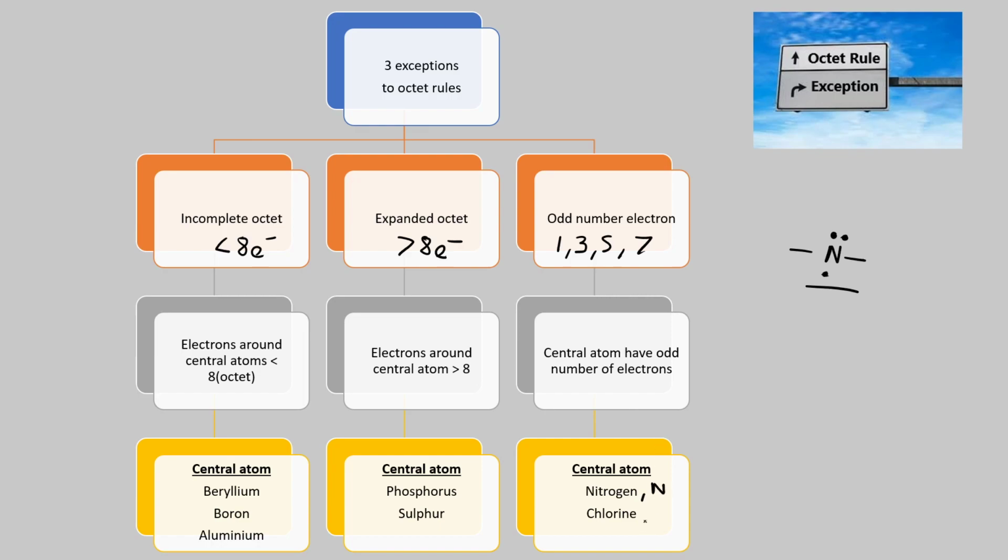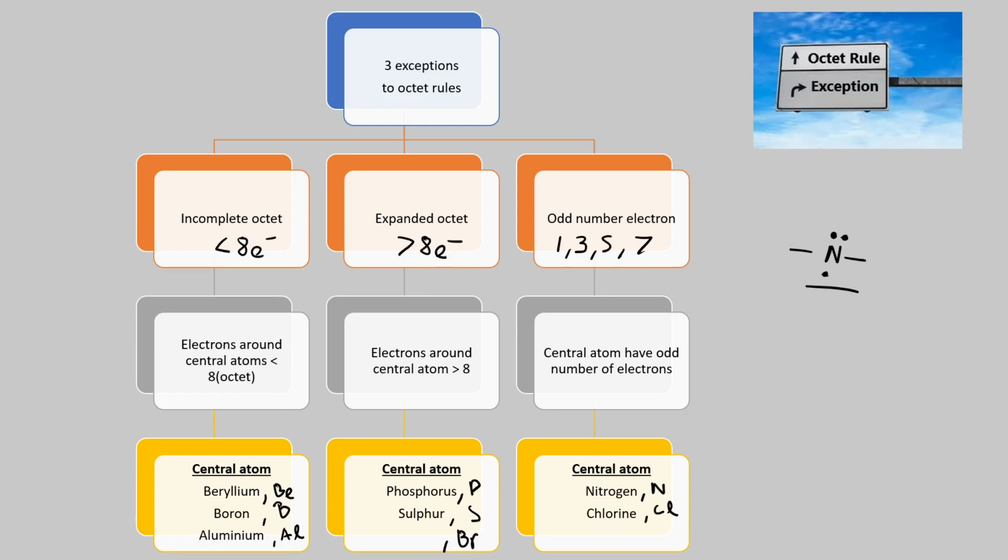While untuk expanded octet is only kalau dia punya central atom is phosphorus ataupun sulfur ataupun bromine. And untuk incomplete octet is only for beryllium, boron, and aluminium. Only for this element that we can have exception to octet rules.